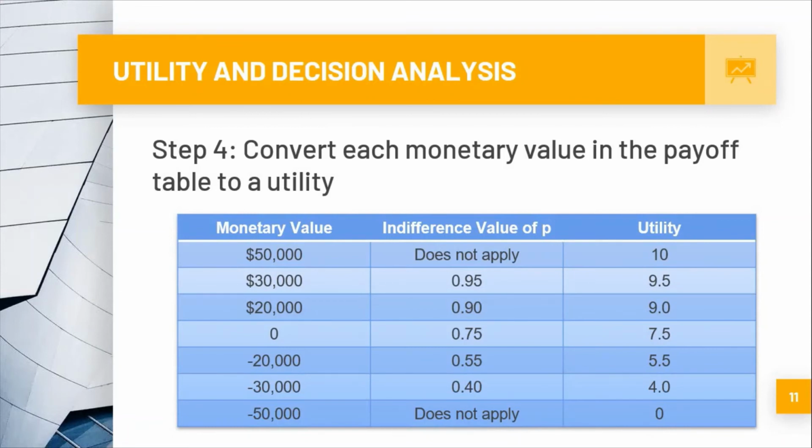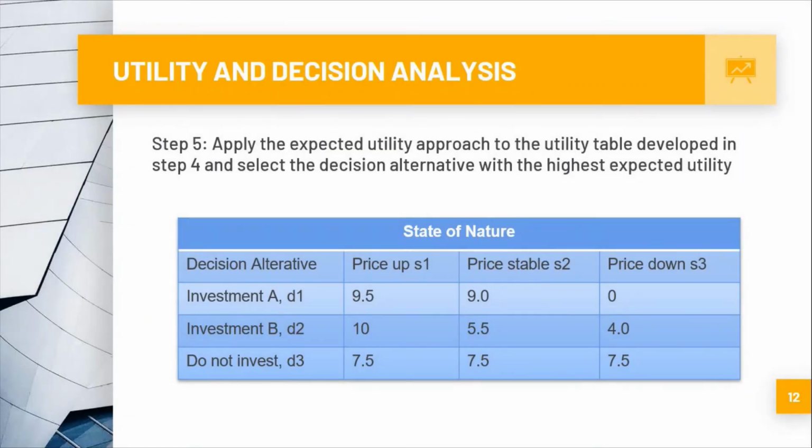You can see the difference, or indifference, value of P and its corresponding utility. And now for step 5. Apply the expected utility approach to the utility table developed in step 4 and select the decision alternative with the highest expected utility. You can see the decision alternatives, which are investment A, investment B, and do not invest.